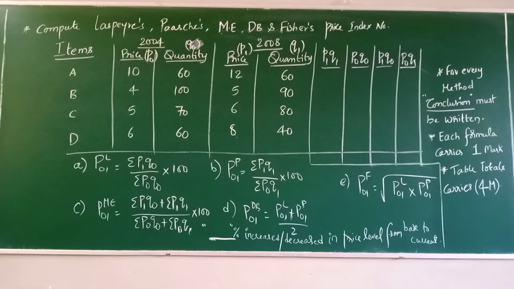And what about the circular test? Circular test is nothing but the extension of time reversal, extension of the time points. There in time reversal, only the base and current we are reversing the time points. But in circular, 0, 1, 2 up to n number, up to n time points, we can do the time reversal. That means P01 multiplied by P12 multiplied by P23 multiplied by P34 and multiplied by P40.